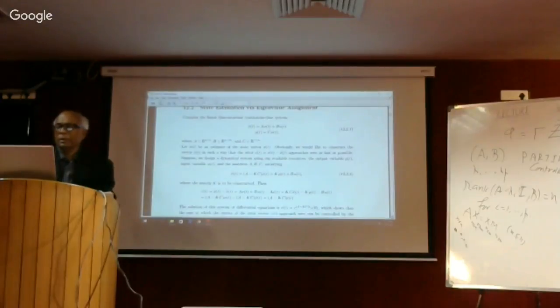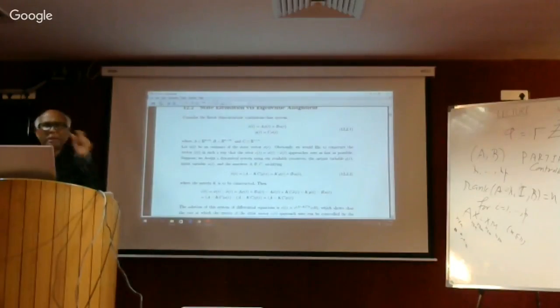Well, suppose the error vector is x hat t minus x of t, I mean x of t minus x hat t. If you take the derivative, which is a function of t, you get e dot t, the derivative of the error vector, equal to A minus KC times the error vector. And we know how to solve this differential equation, right?